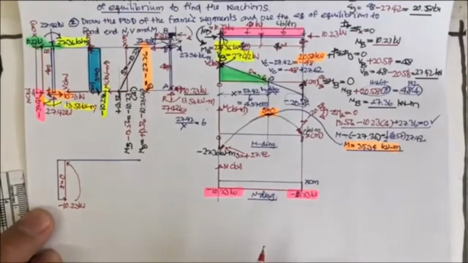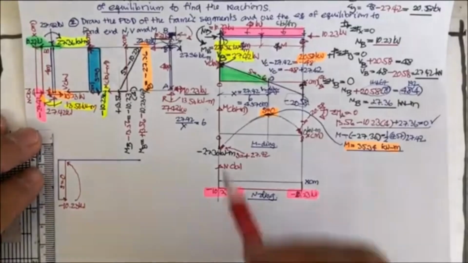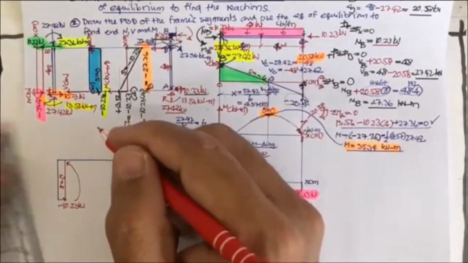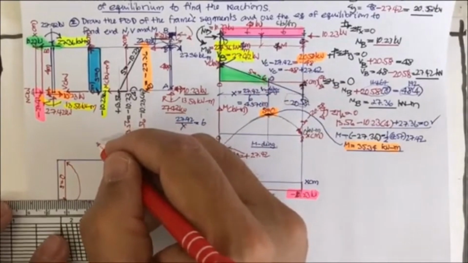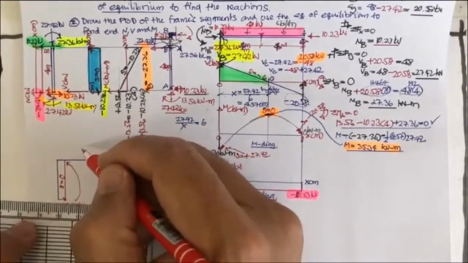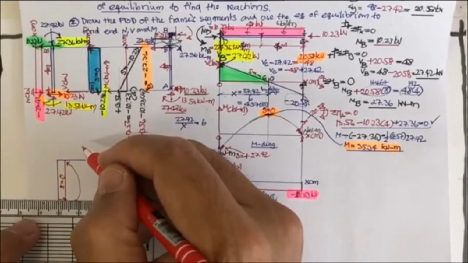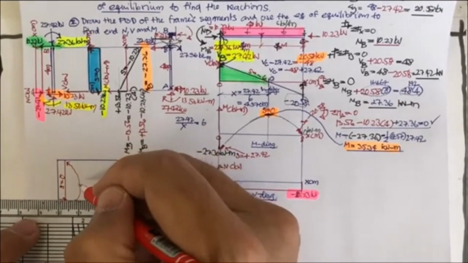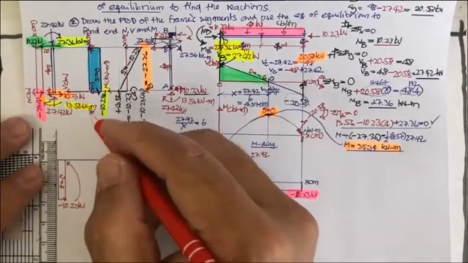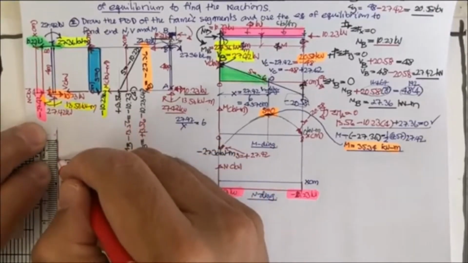That is going to be the shear diagram. Then you have this one for 27.42. So this is 10, right? So scaling, it is going to be 2.7 times this. This is 3, so it's going to be 3 times 3. That is going to be about this.